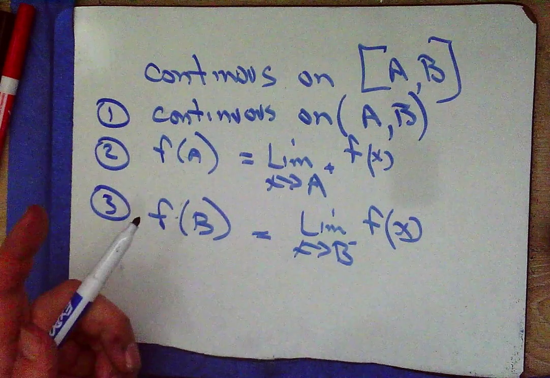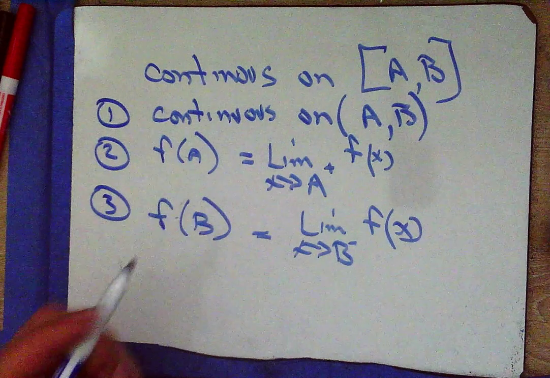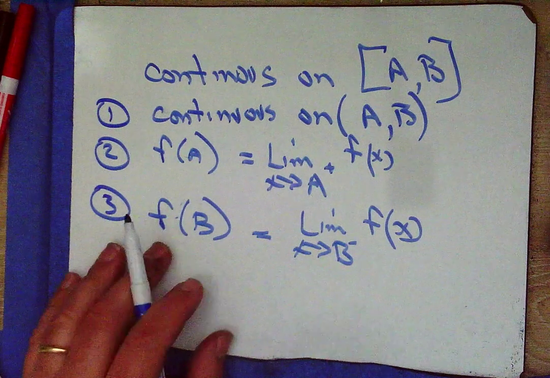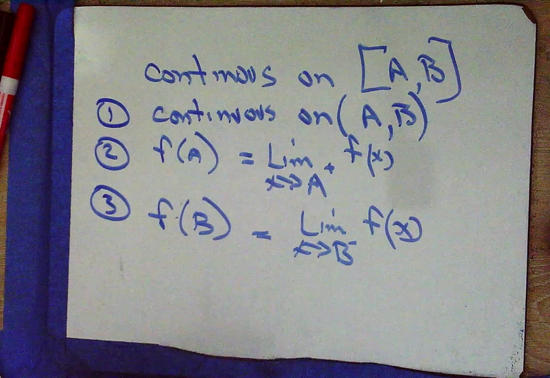Okay, so we've got lots of continuity. We've got point continuity, continuous at a point. The point has to exist. The limit of the function at that point has to exist. And the value of the point and the value of that limit have to be the same.